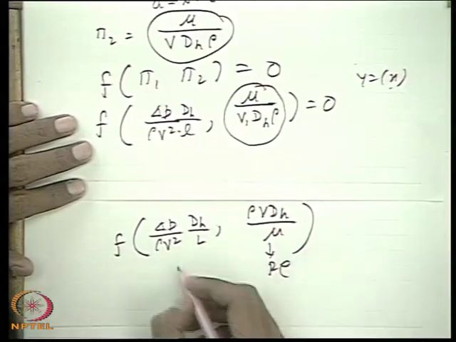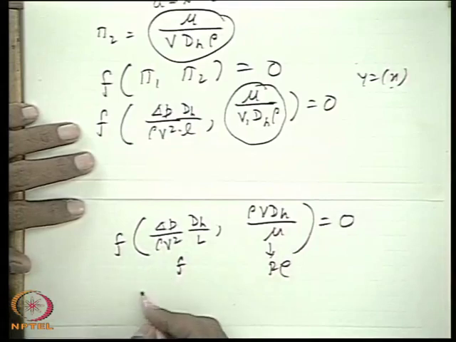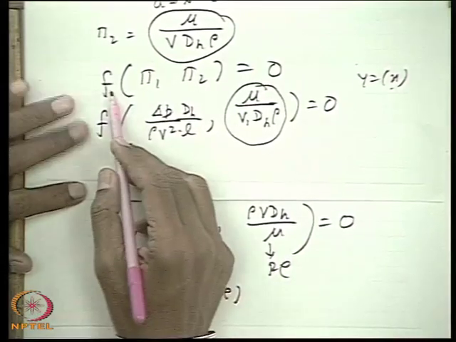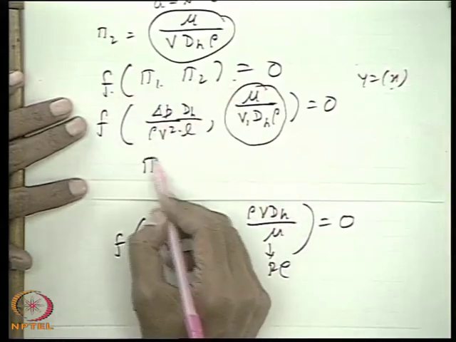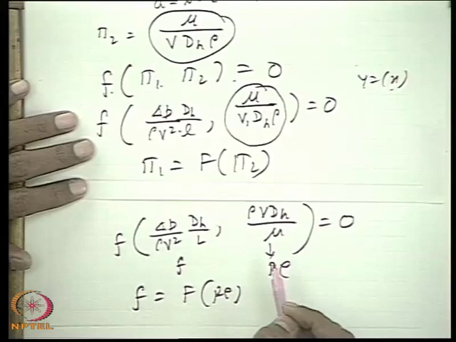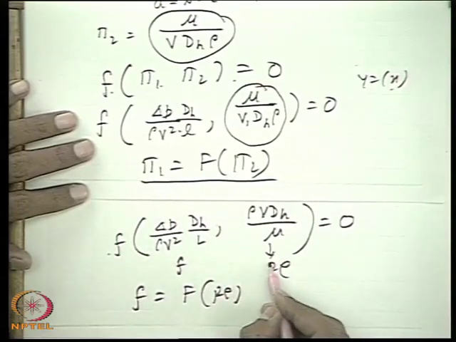So friction factor f is equal to 0. This can be expressed as friction factor is a function of Re. That means function of pi 1, pi 2 equal to 0 means pi 1 is a function of pi 2. Pi 1 is a function of pi 2. That means friction factor is a function of Re.